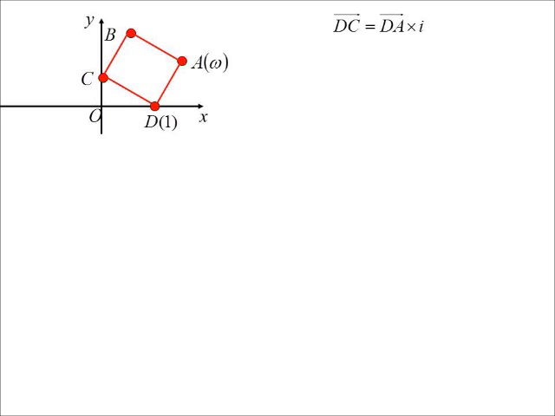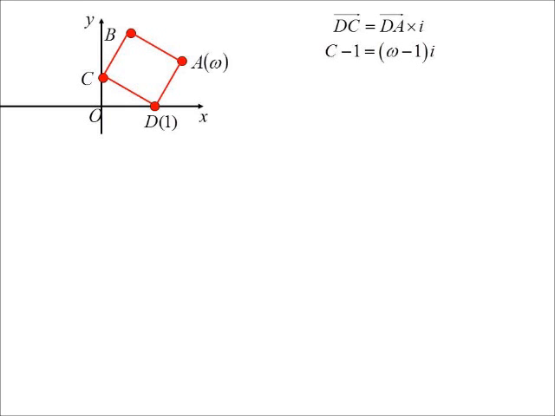So I could write that as the vector DC. Now when you're writing vectors, you notice the arrow notation for vector, remember it's head minus tail, so you write the tail first, then the head. So DC, D is the tail, C is the head. And it would be vector DA multiplied by i, so let's substitute in, well, what is DA? This is where you've got to be real careful.